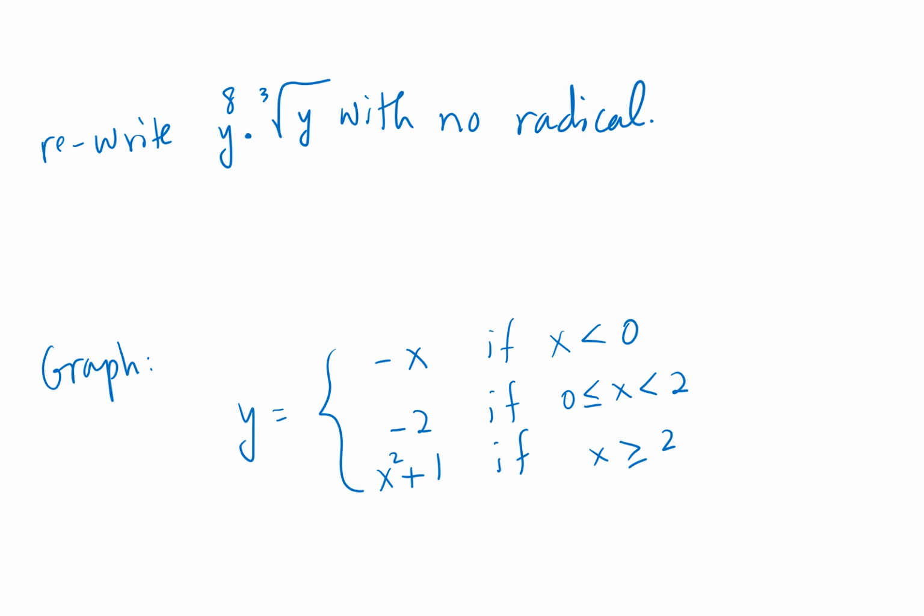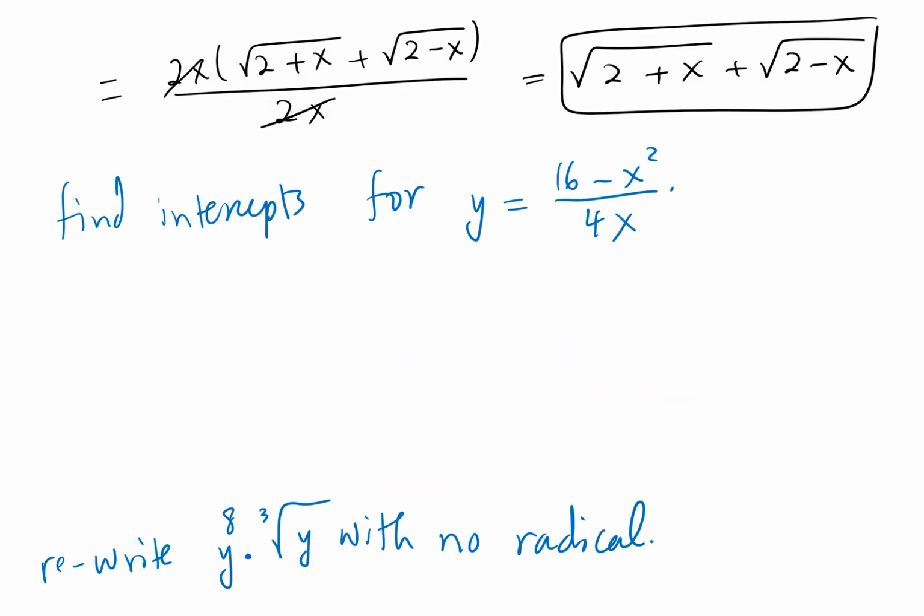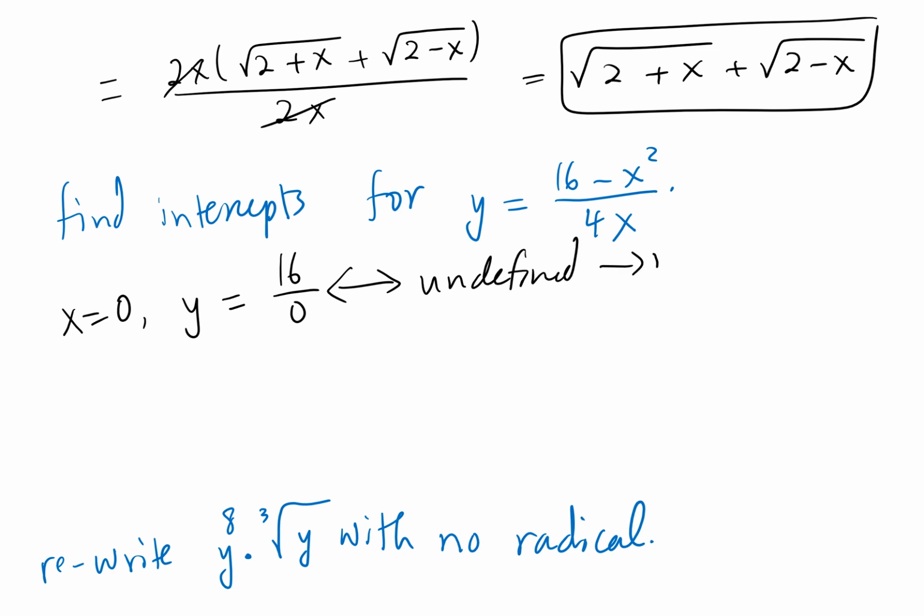It's called piecewise function. For this one, we set first x equals 0. Let's see what we get. Y equals 16 over 0. That's undefined. So we don't have a y-intercept.